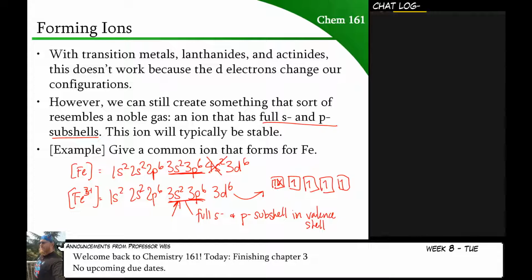Remember the exceptions when we were doing our electron configurations for things like chromium and molybdenum and copper, silver, and gold, where you land on 4s2 or s2d4, for example. We have to move 1 electron over. So in those cases, you'll get rid of 1 electron. But in all the other cases, you'll get rid of 2.